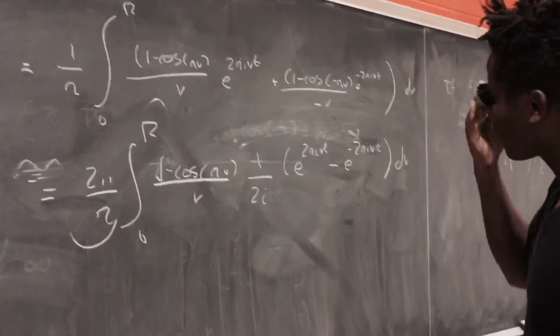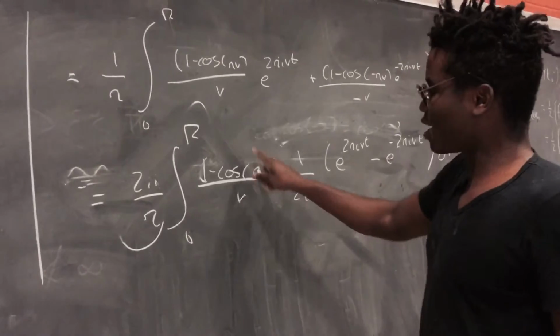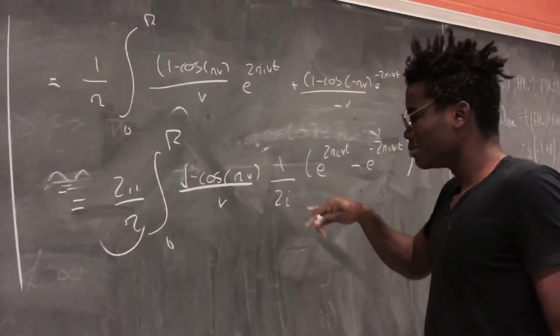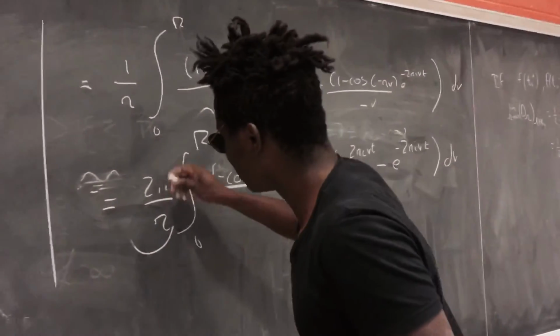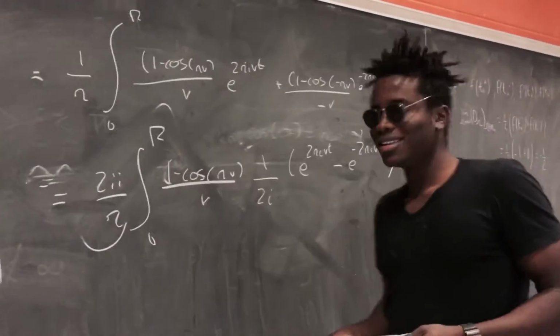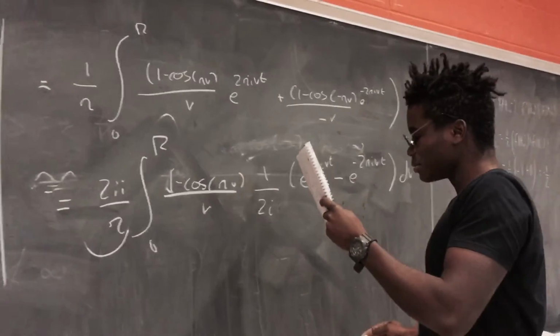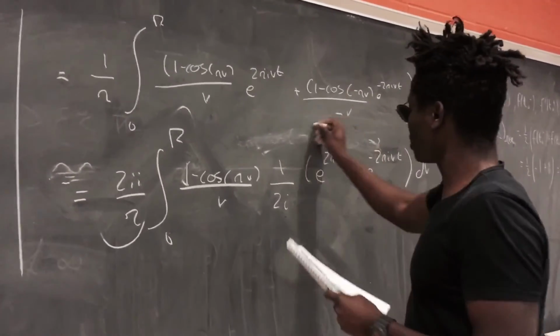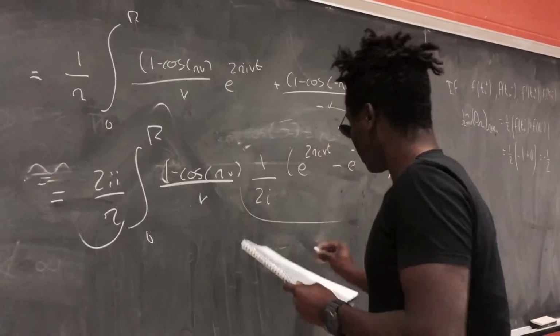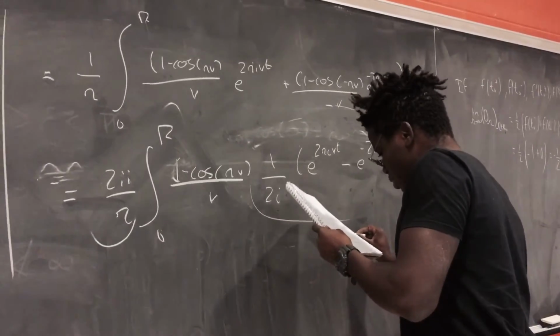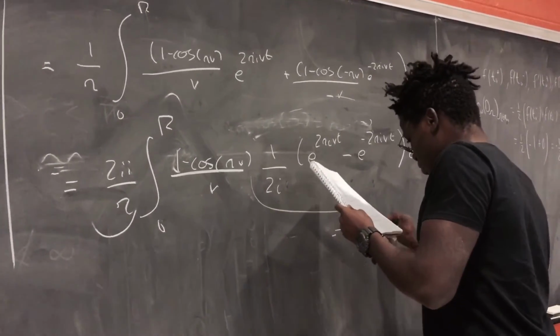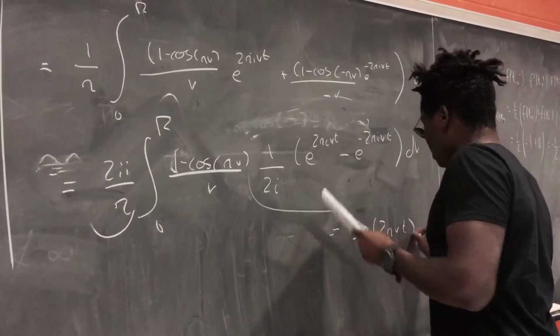Okay, so you're probably wondering, oh yeah, this man factored out the 1 minus cos pi v, but where did this thing come from? Well, from what we learned in complex analysis this year, applying our knowledge, looking at this term, we can equate this later on to sine 2 pi vt, right?